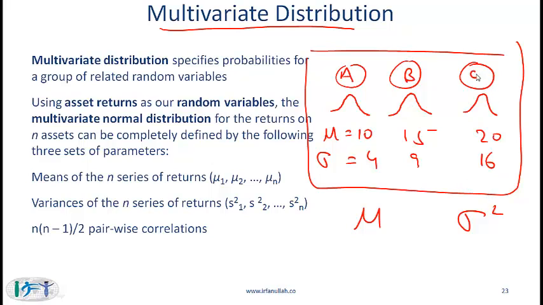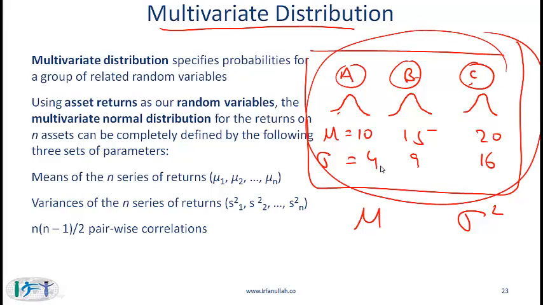And the fact that if each individual variable is normally distributed, then the overall portfolio's returns will also be normally distributed, and we can compute the mean or expected value for the portfolio as well as the variance for the portfolio, as long as we know all the means and we know all the variances or standard deviations, and we also need to know the pairwise correlations.